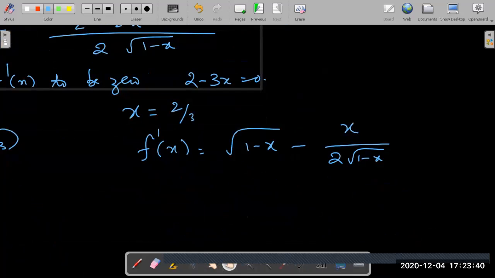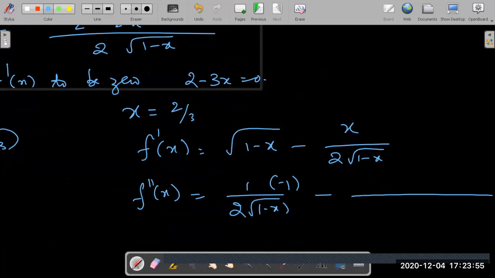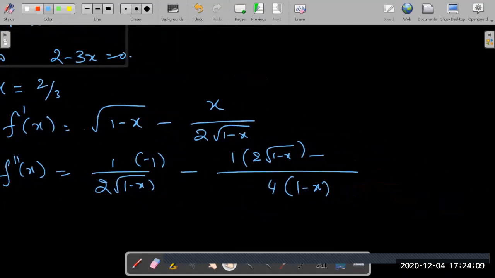So f double dash x will be, differentiating this, 1 by 2 root 1 minus x with chain rule minus 1 because minus x is there. Now for this u by v rule, v squared is 4 into (1 minus x), and u dash is 1 into v, which is 2 root 1 minus x, minus u v dash. So u is x, and v dash is 2 into 1 by 2 root 1 minus x into minus x.